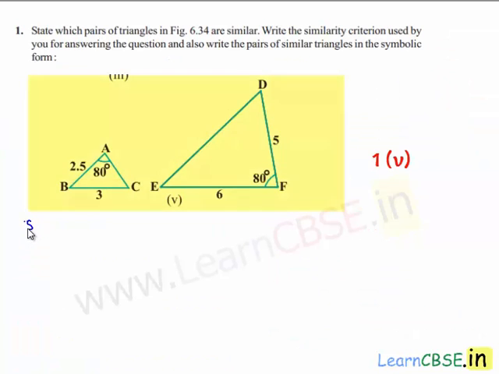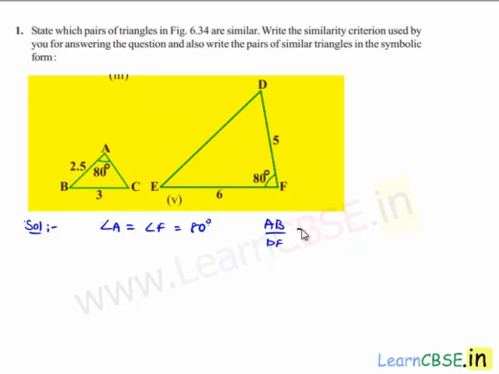Now moving on to the solution for fifth bit of first problem. Here angle A is equal to angle F is equal to 80 degrees and AB by DF is equal to 2.5 by 5, which is nothing but 1 by 2, and also BC by EF is equal to 3 by 6, which is 1 by 2.